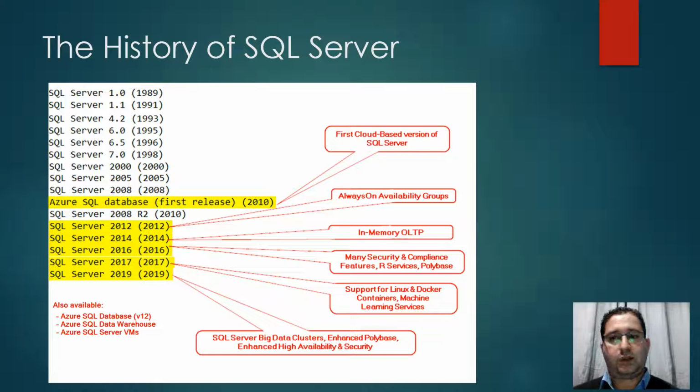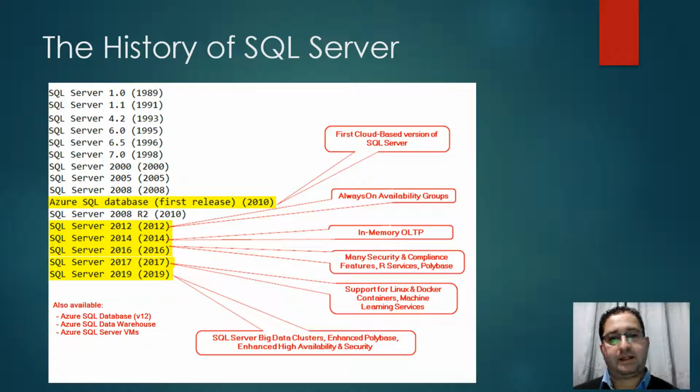In SQL Server 2016, many security and compliance features have been introduced. For example, row-level security that allows you to show only specific rows of data to specific SQL Server logins.